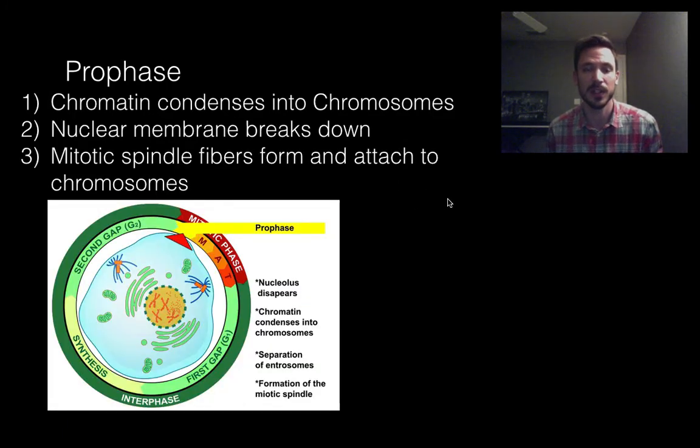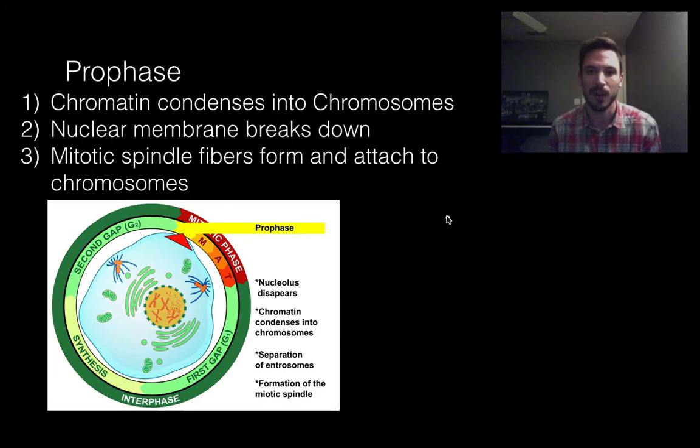The other thing is, it's still in prophase, the nucleus or the nuclear membrane is going to break down. The reason for that is we want to get to the DNA. The nucleus secures the DNA, so we want to get rid of that nucleus. And also we're going to get these things forming called mitotic spindle fibers, which are kind of like microtubules. These things are going to form and they're going to attach to a chromosome.